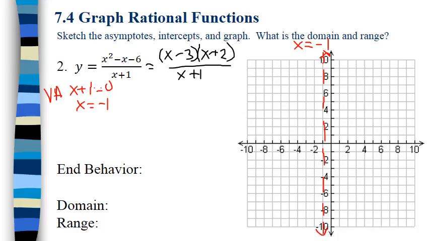Okay, so if we want to use the same logic that we just used for that whole horizontal asymptote thing, and if we look at really, really large values of x, can we predict what the graph is going to do? So if we look at the standard form, not the factored form, so x squared minus x minus 6 over x plus 1.